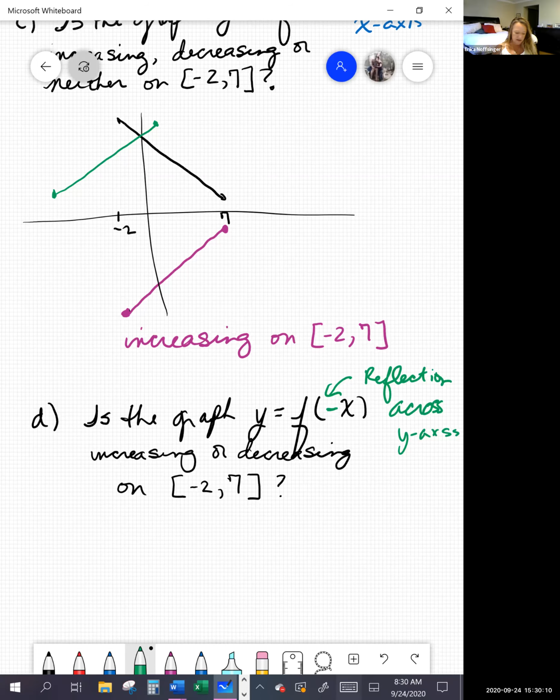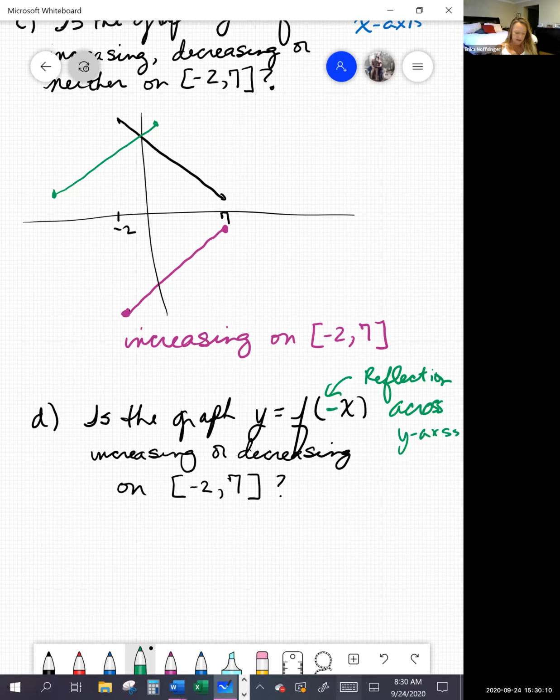Okay, you have 1 point on the graph of f of x, and you know that (1, 3) is a point on f of x. Totally different problem than we just did.